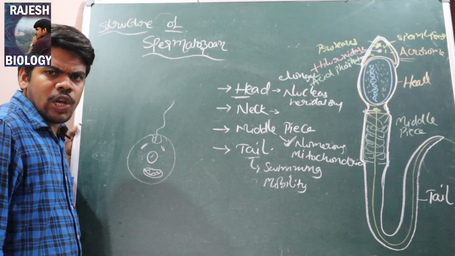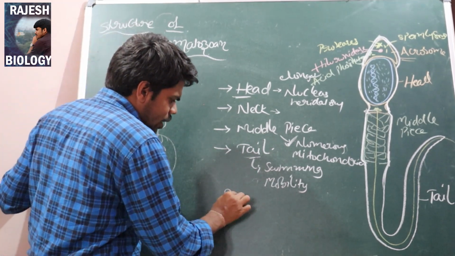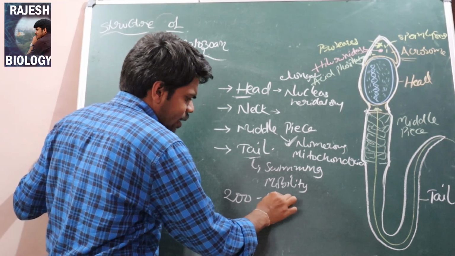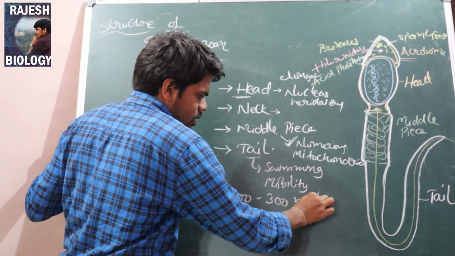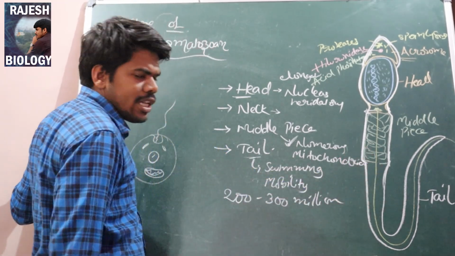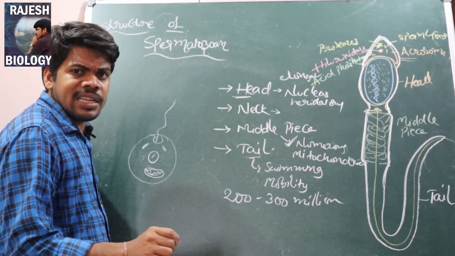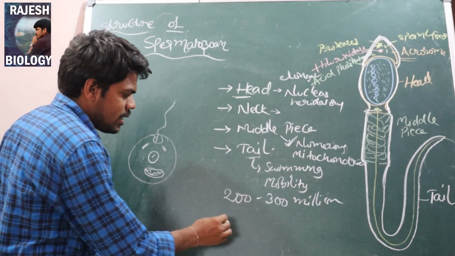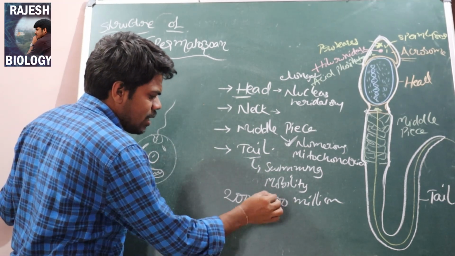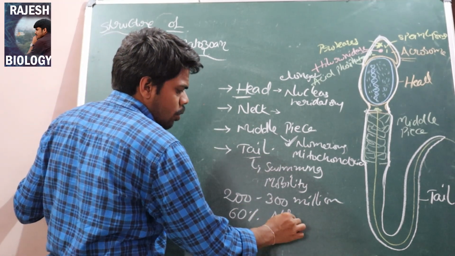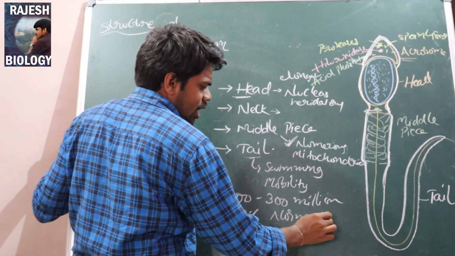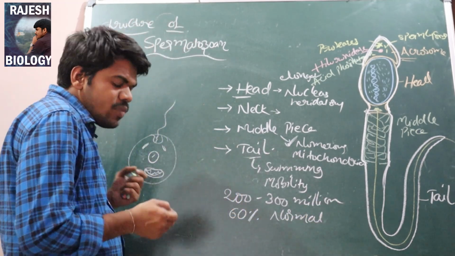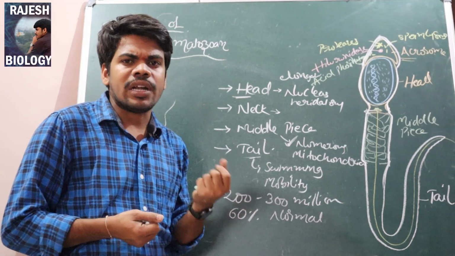Normally, a single ejaculation contains 200 to 300 million sperm cells. Out of these, 60% of the sperm cells are normal in size and shape, and they have the ability to fertilize the ovum.